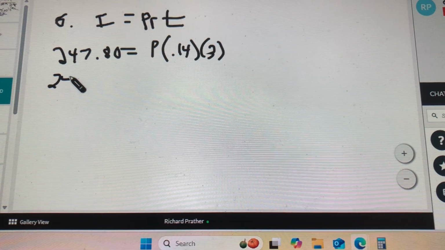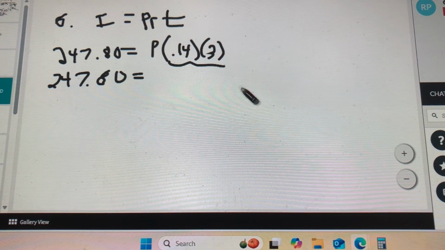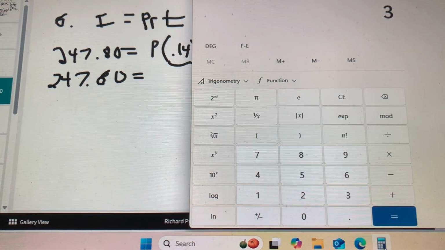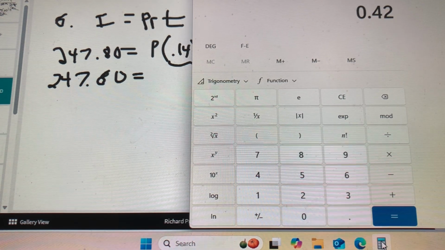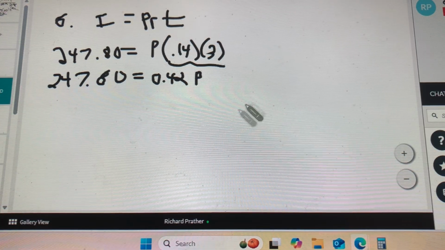Once again, even though we haven't done this version of the problem, there's all multiplication on the right side of the equation. So you can just multiply the 2 that have numbers. 0.14 times 3 is 0.42. And p times 0.42 is the same thing as 0.42p.